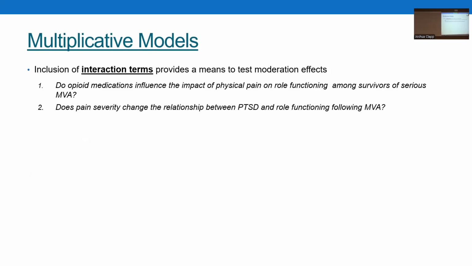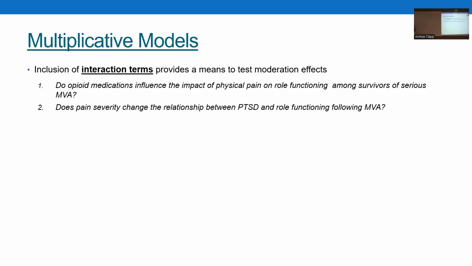And does pain severity change the nature of the relation between PTSD and role functioning in accident survivors? Okay. Do this, your life is going to be a lot easier, okay? In this first question, opiate use influencing the impact of physical pain on role functioning.